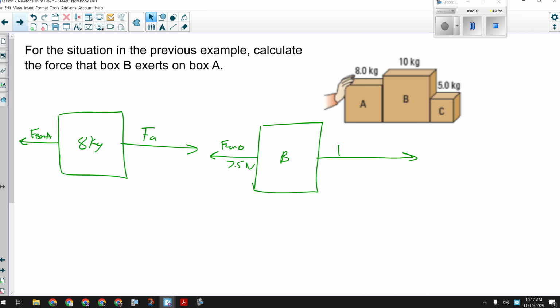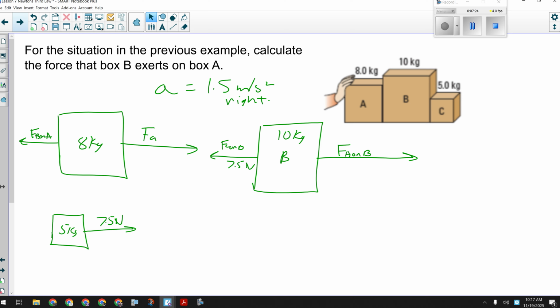This is the force of A pushing on B, and this is 10 kilograms. And then we of course have box C, but I don't think that's going to help us very much now. 5 kilograms, that's 7.5 newtons. And we also still know this. That's all the stuff we know because we've done a little bit of work already.